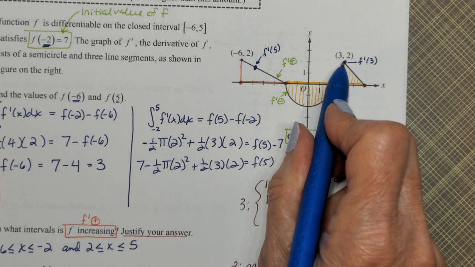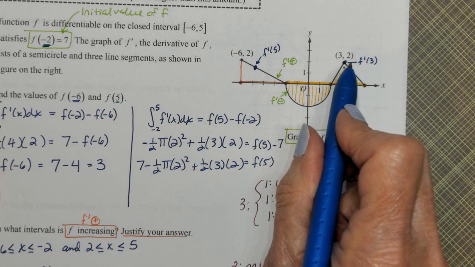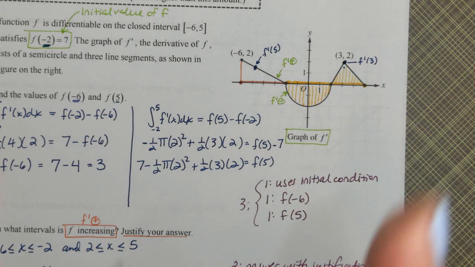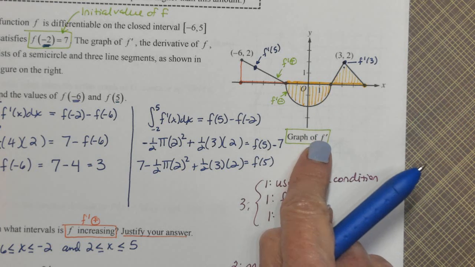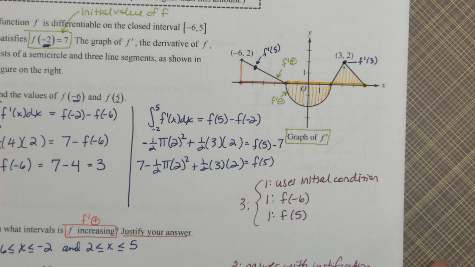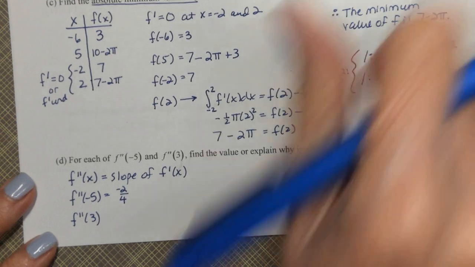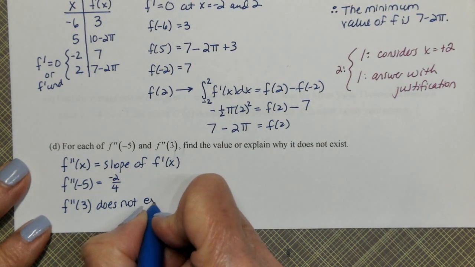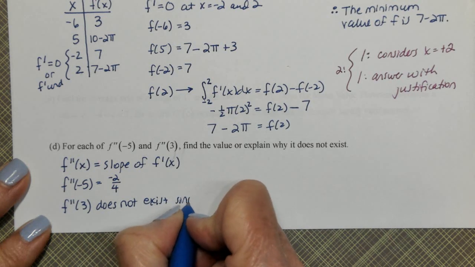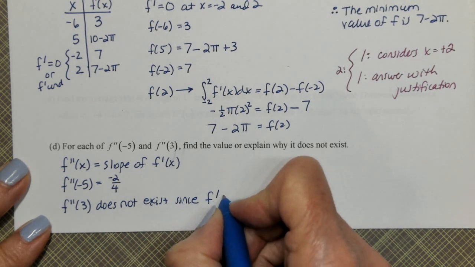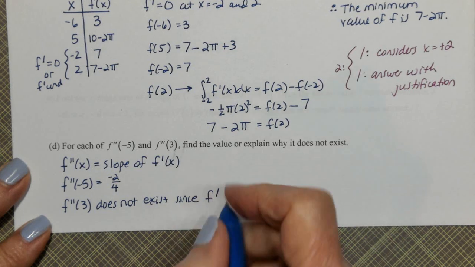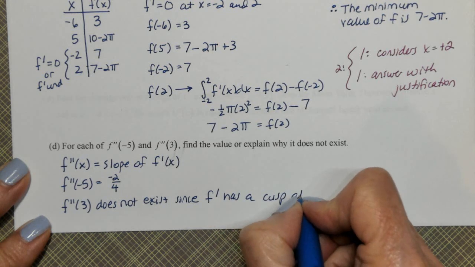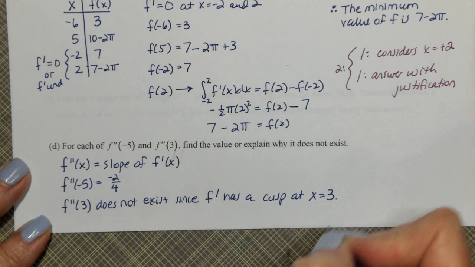Now, when you say cusp or corner, you need to be specific. You need to name the graph and name the x value. Okay? So f double prime of 3 does not exist, since f prime, that's the name of the graph, has a cusp at x equals 3.